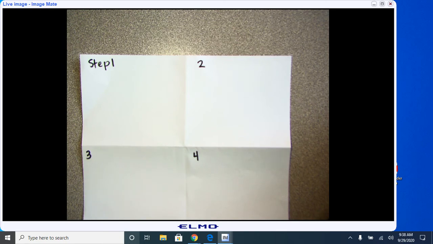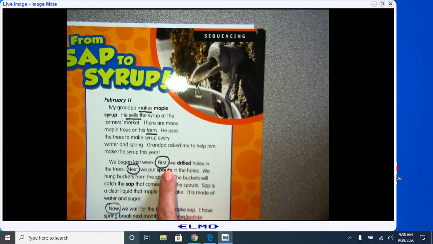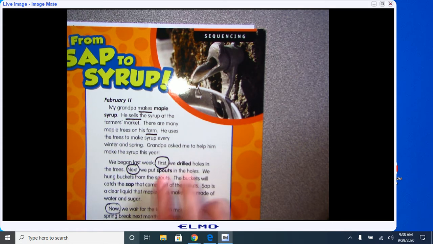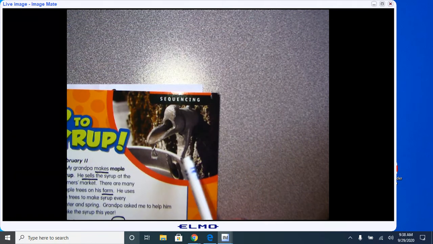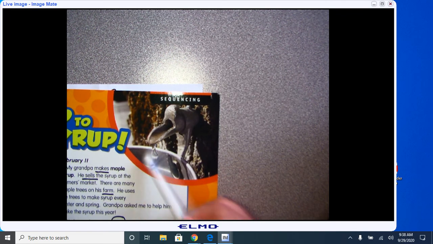All right, so I know that the first thing, it tells me right here, is that we drilled holes in the trees and the spouts are put in the holes. So I'm going to put those two together. We drilled holes in the trees and put spouts in the hole. And this would be the spout that he sticks in the hole of the tree to get out the sap. All right.